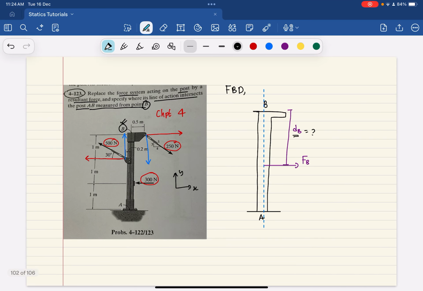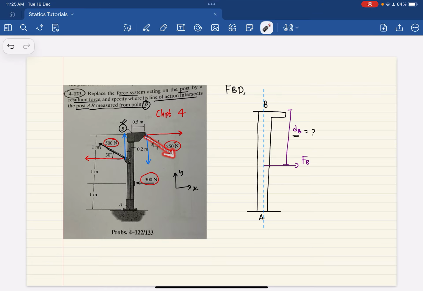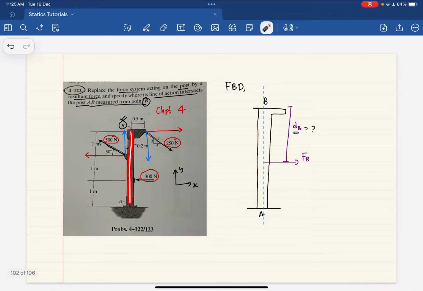This is a very interesting problem, because our Fr could have a horizontal and vertical component, but as we've seen earlier for component forces, usually we don't consider the vertical because it will be in line with the line of action itself. Since it is in line with the line of action, it will not generate a moment at point B. Thus the horizontal is the only one that's going to generate the moment. Well, actually, for the 250 Newton case, the vertical did generate the moment. So that's the question here.